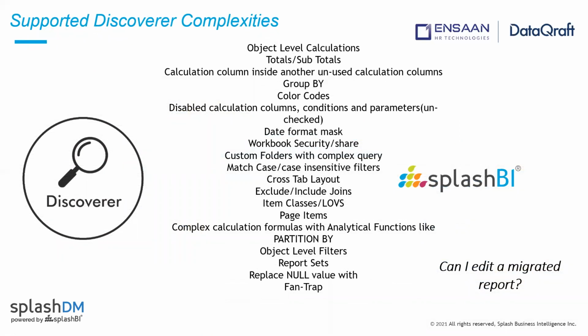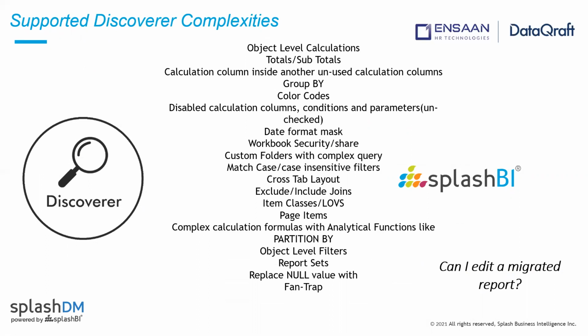When we talk about Discoverer migration and the customizations we've seen over the years, having helped a lot of customers globally and migrated more than 100,000 workbooks, we have made a list of supported Discoverer complexities. This is by no means a full exhaustive list.